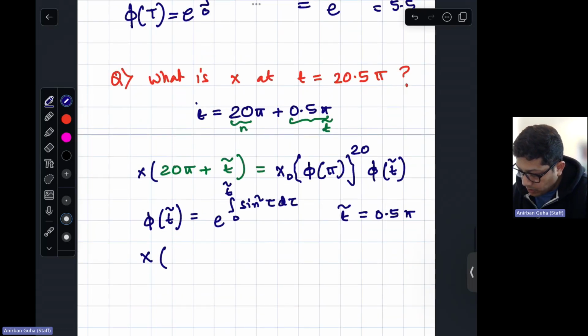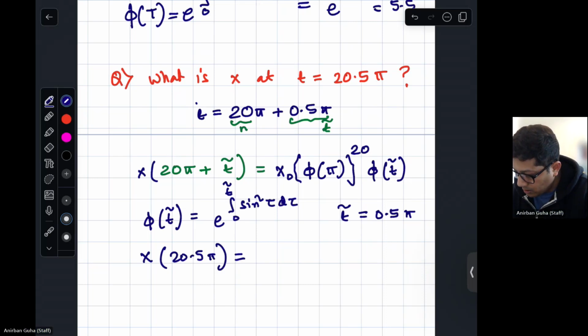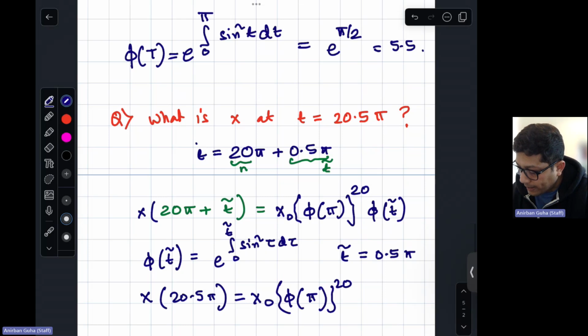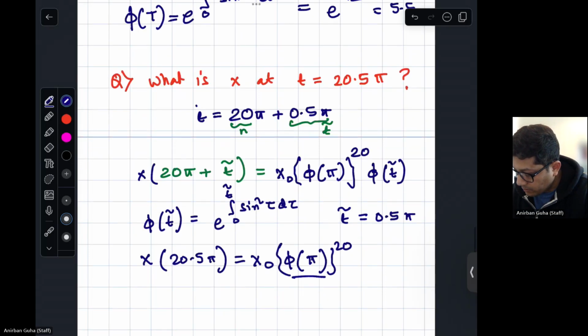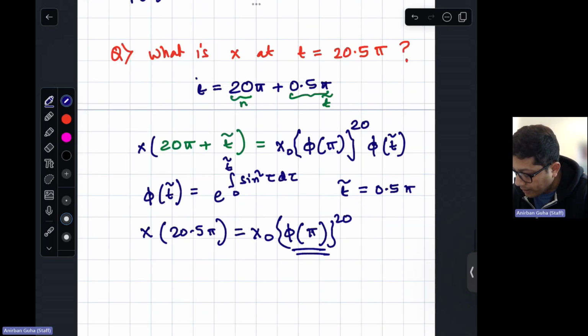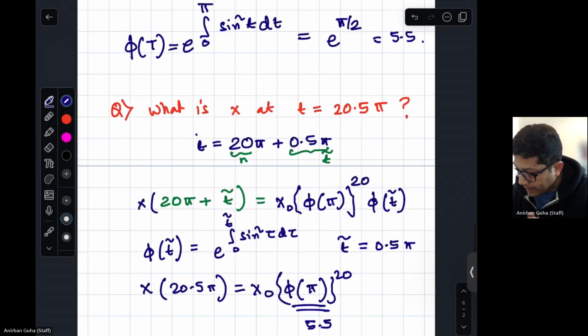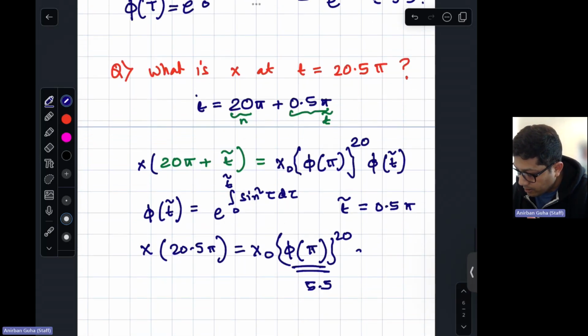So x of 20.5 pi is given by x0 phi of pi to the power 20. And phi of pi is 5.5, so it is 5.5 to the power 20, multiplied with phi of t tilde.